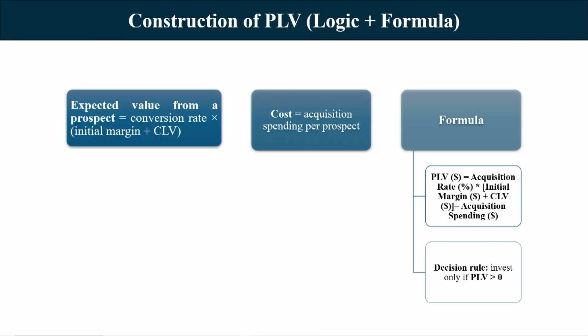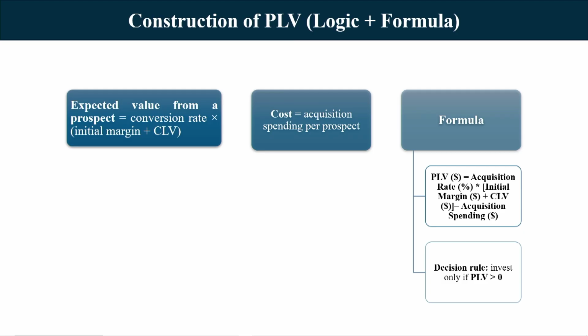So, let us have a detailed understanding of the construction of this metric called prospect lifetime value. First metric that we will look into is expected value from a prospect, which is calculated by conversion rate multiplied by the total value that can be created by a customer, not by a prospect now, because we are already taking this conversion rate as one of the inputs for this calculation.